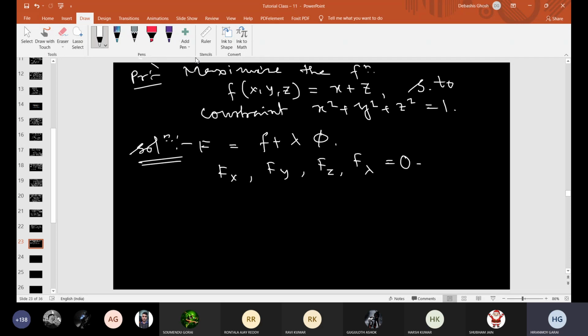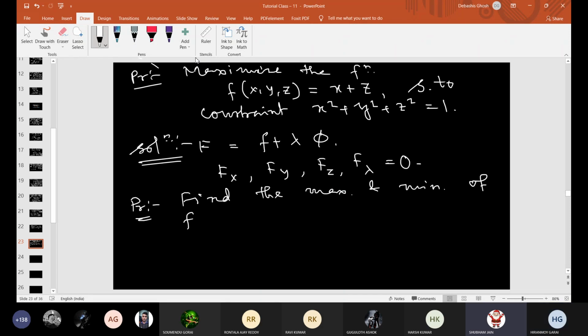Find the maximum and minimum of... The solution of the previous problem is root 2. That's right, root 2.